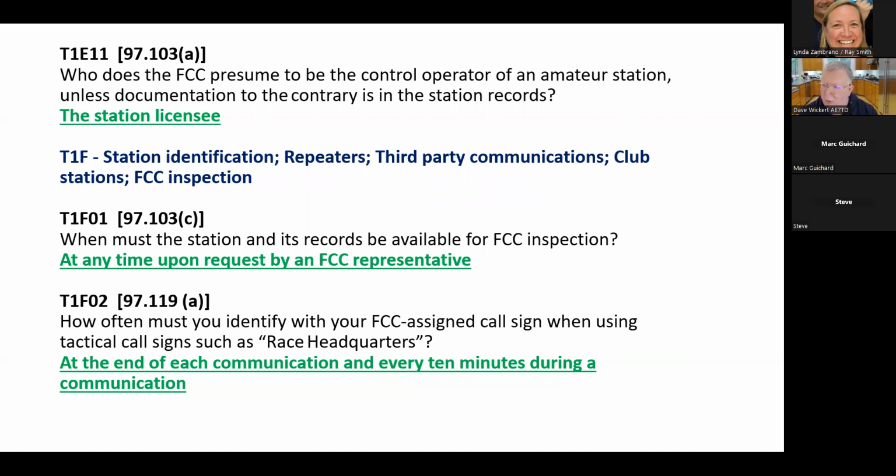In addition to when we talked about call signs, you can also have tactical call signs, which is where you define what role you have in some organization. When do you identify? At the end of every conversation, and at the end of every 10 minutes.